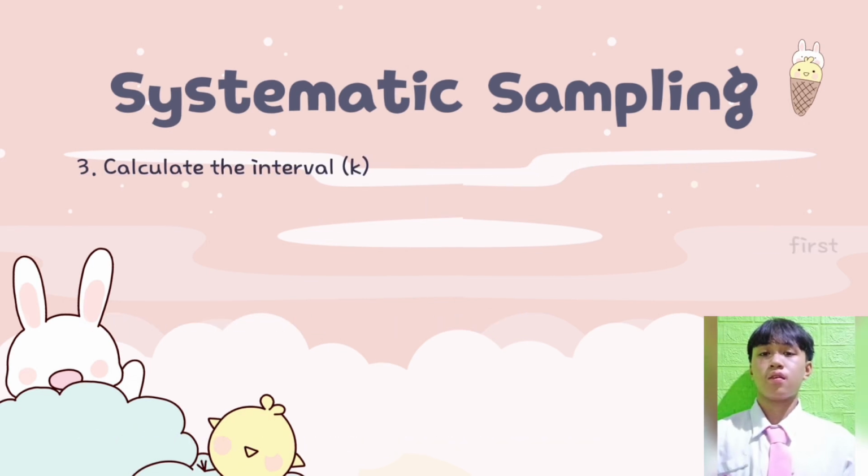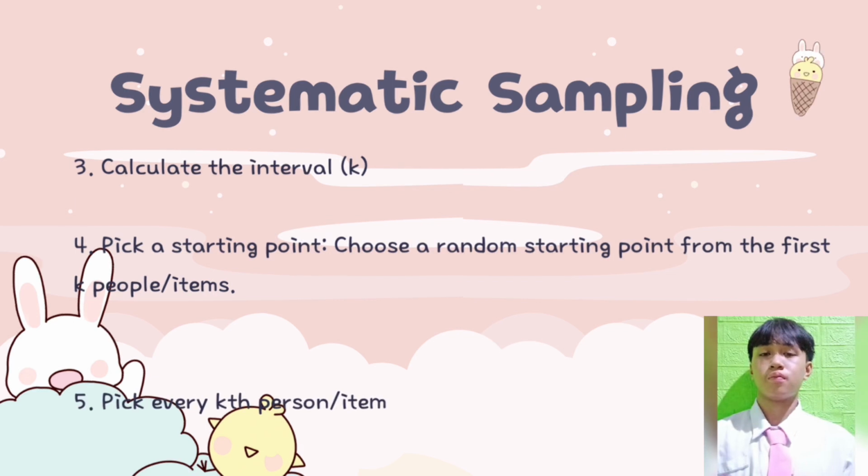Third, calculate the interval. Fourth, pick a starting point. Choose a random starting point from the first interval of people or items. Number 5, the last. Pick every 10th person or item.